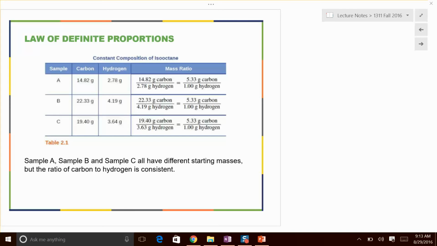If I have a sample of oxygen that weighs 15.9994 grams, that is not because one oxygen atom has a mass of 15.994. No, one oxygen might have a mass of 16. Another oxygen might have a mass of 17. And the average of those is what we get there.